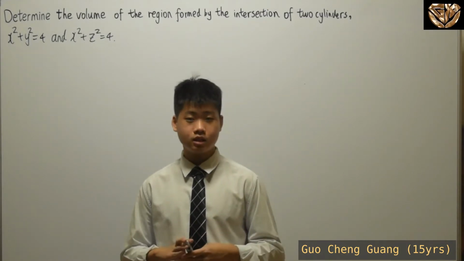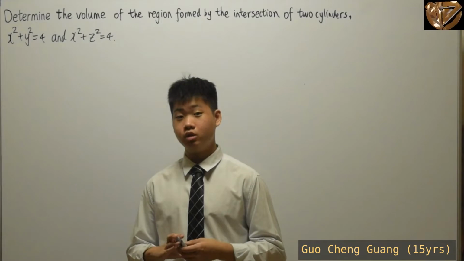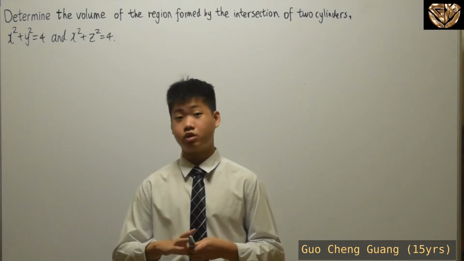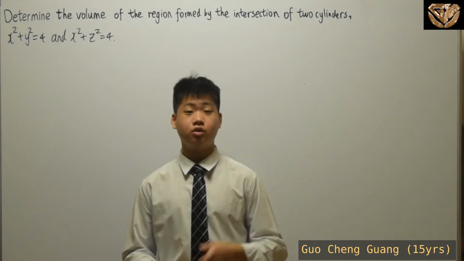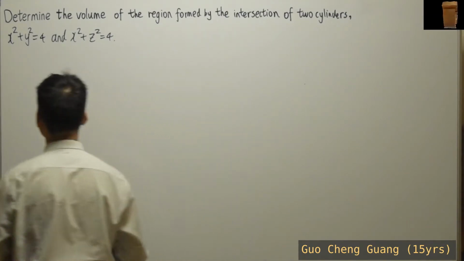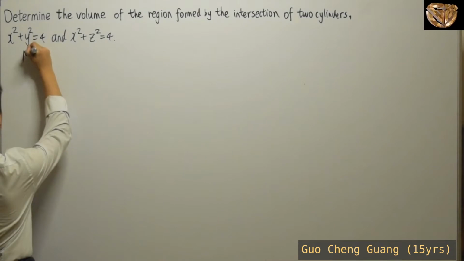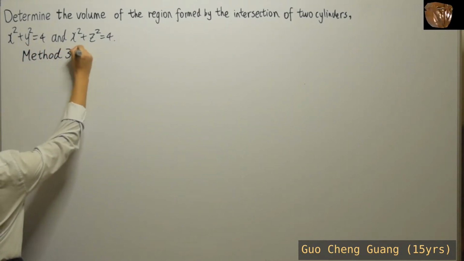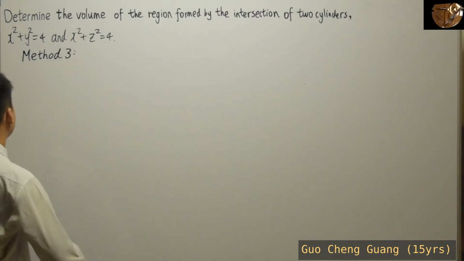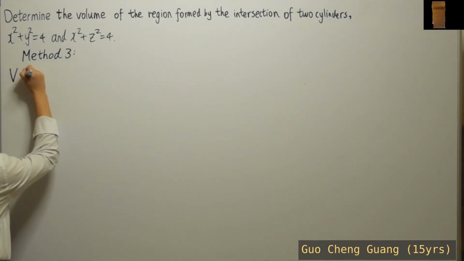So since this is a double integration, you can change it into a triple integration, of course, or you can also take it as a double integration. It depends on how you like to solve it. So in this lesson, we are taking a look at the third method. In this third method, we'll find the volume.